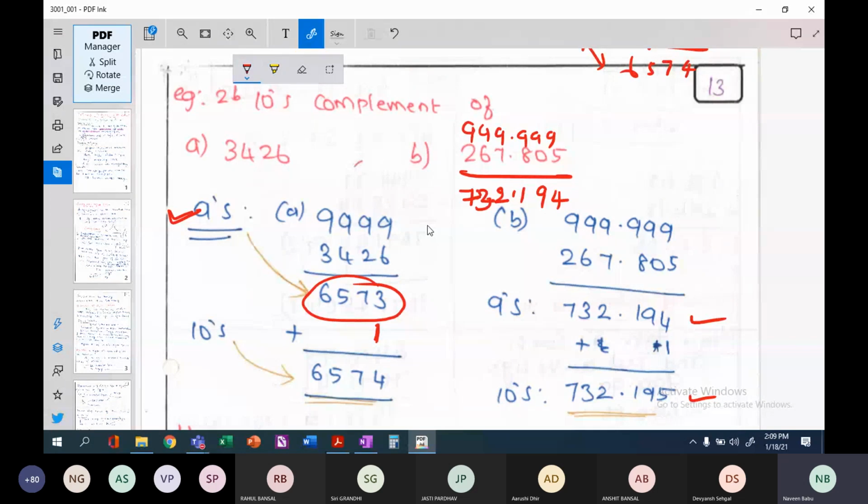So this is how you take 9's complement and 10's complement. Please note here, any base you take, say for example, if you are taking a binary number system, its base is 2, and then we have two complements here. One is the 2's complement, and other will be 1's complement. You take base as 5, you have 4's complement and 5's complement.